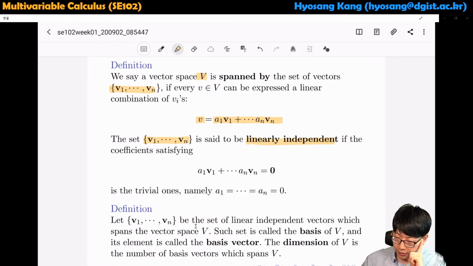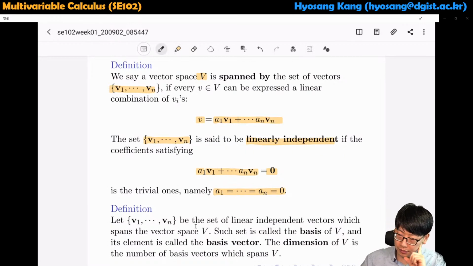The property says that if a linear combination of v1 to vn with some coefficients makes the zero vector, then a1 to an are all 0. So the only way you can make a zero vector by linear combination of v1 to vn is taking coefficient 0 everywhere. Then this set of vectors is called linearly independent vectors.